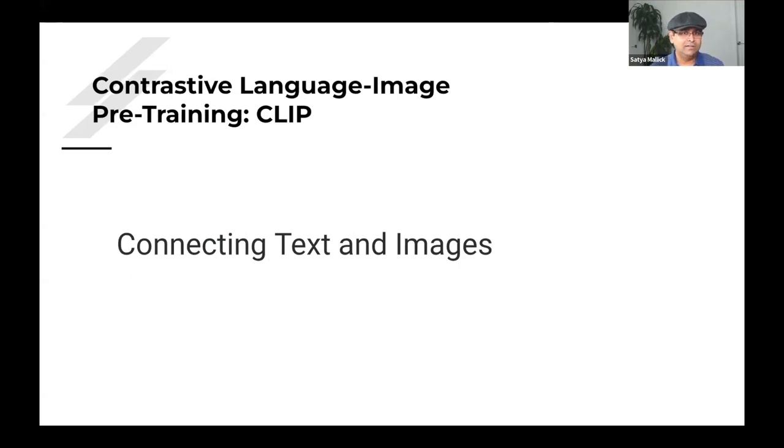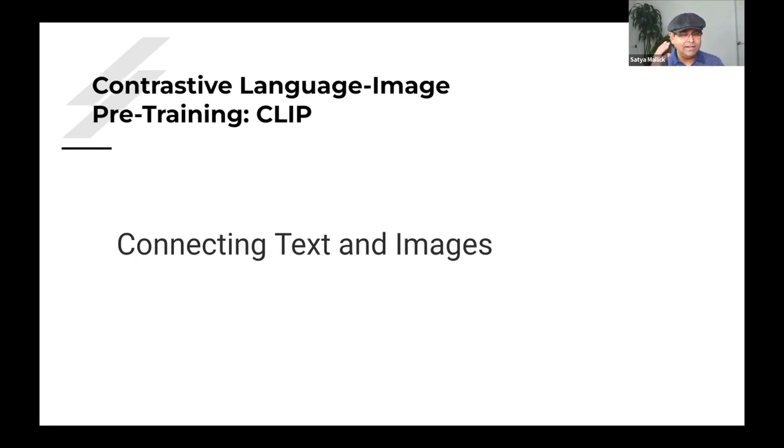Simultaneously, there was another interesting thing that happened, which is called contrastive language image pre-training, or CLIP. You can imagine there was all this innovation happening in natural language processing, and all this innovation happening in computer vision, but nothing tied them together, right?